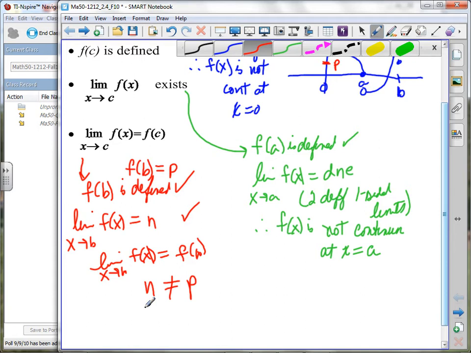Not the same thing. So therefore, f of x is not continuous at x equals b.